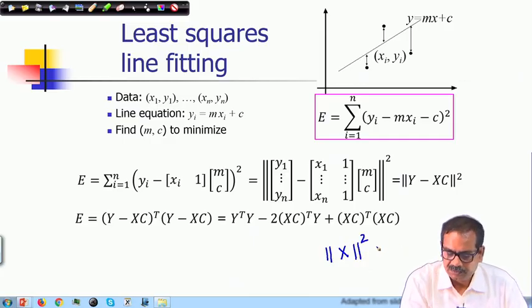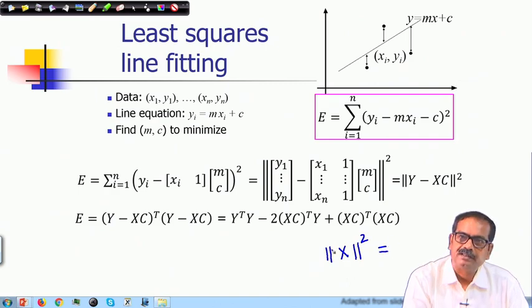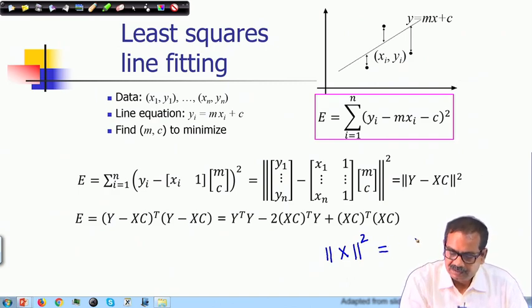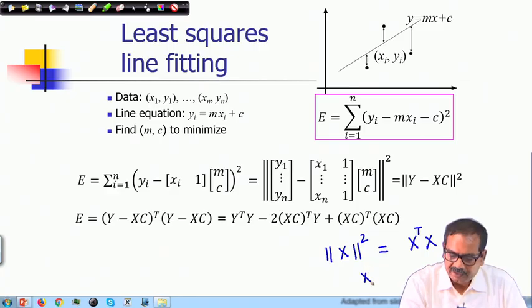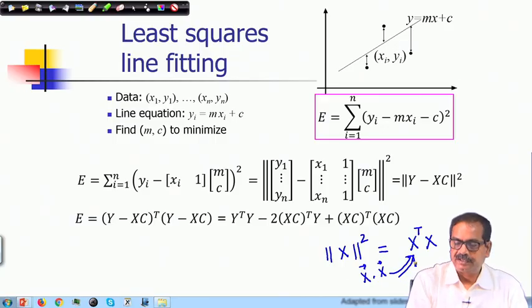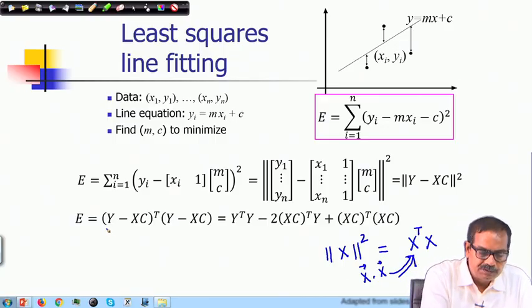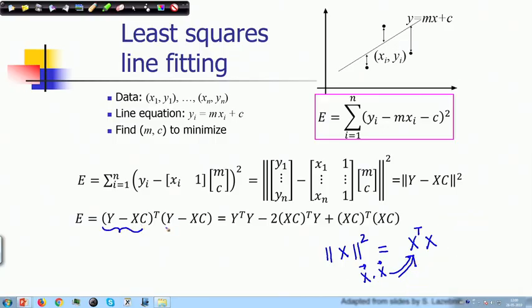The square of the magnitude is a scalar, the dot product of this vector with itself, which in column vector form is written as x transpose x. So, you get y minus x c transpose y minus x c.